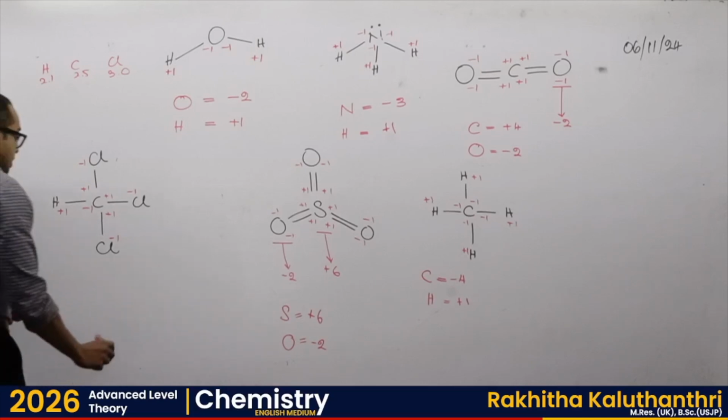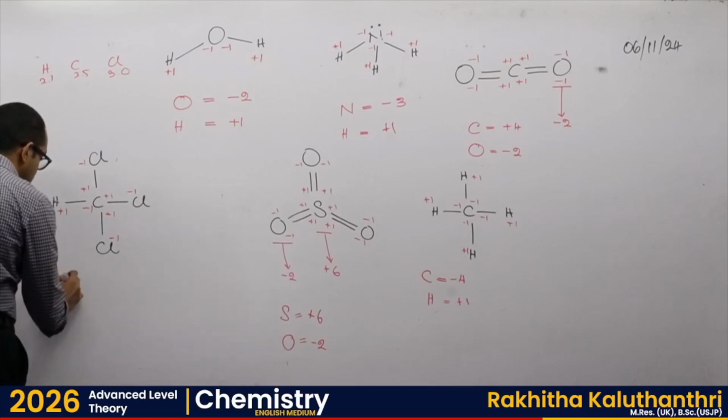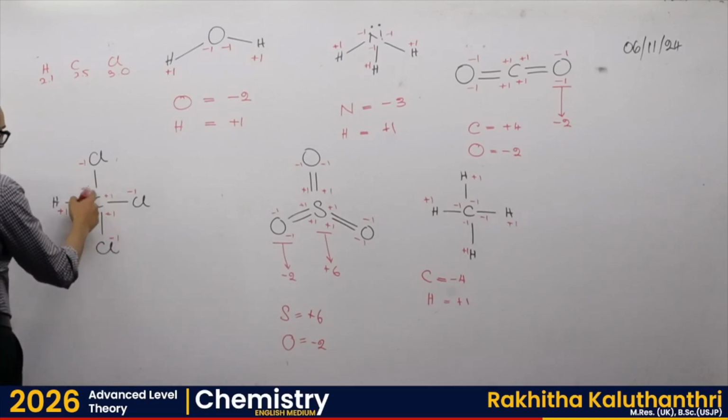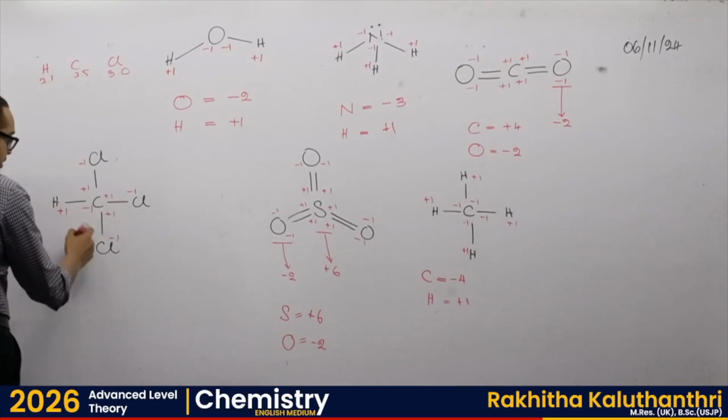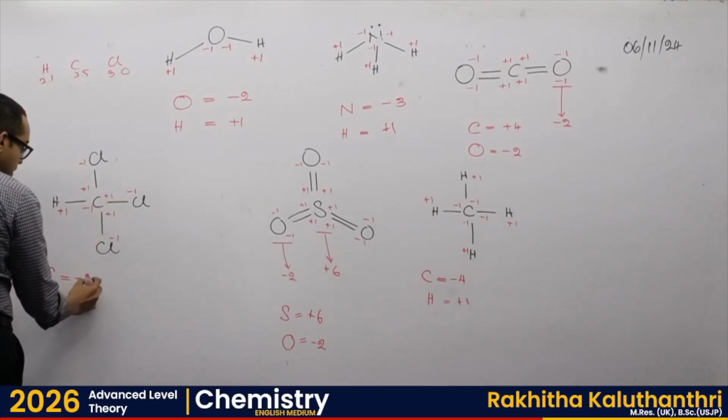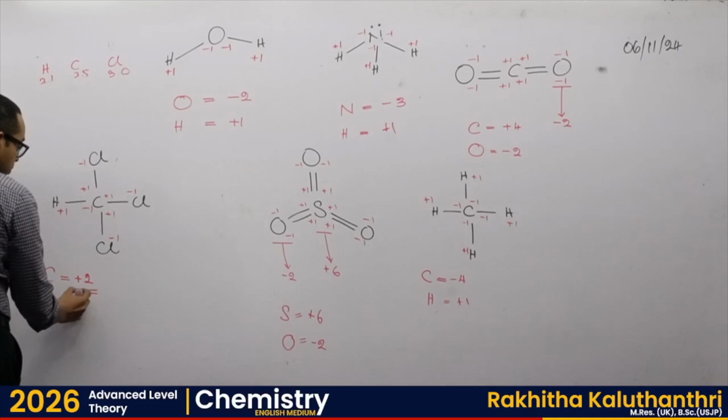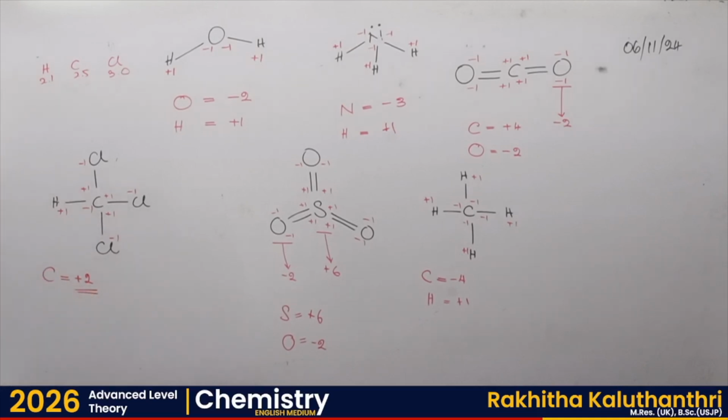So therefore, students, if you take a look at carbon now, around carbon there are 1 2 3 plus charges and 1 minus charge. So the total oxidation number is +2. Did you see that? Because +3 plus -1.